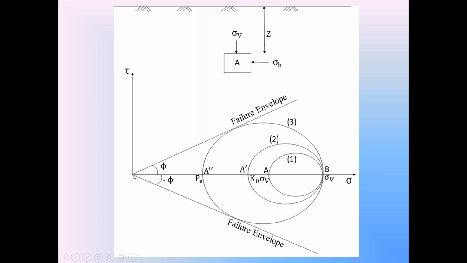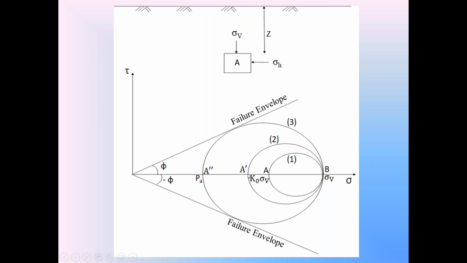Sigma H is from point O to point A. When sigma H is decreasing, this point A is slowly moving towards the origin. At a certain instant in the active condition, let this stress sigma H be represented by OA dash.